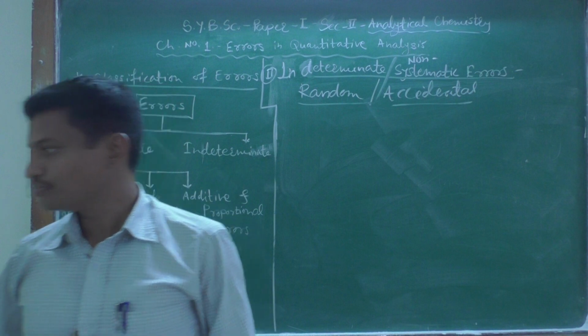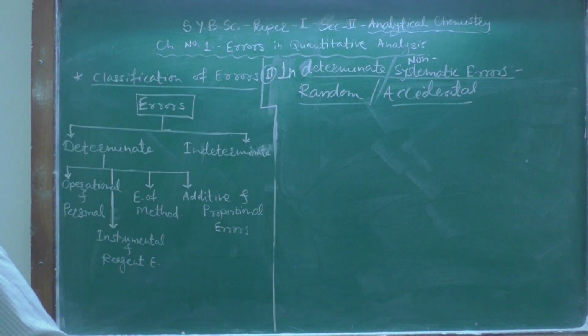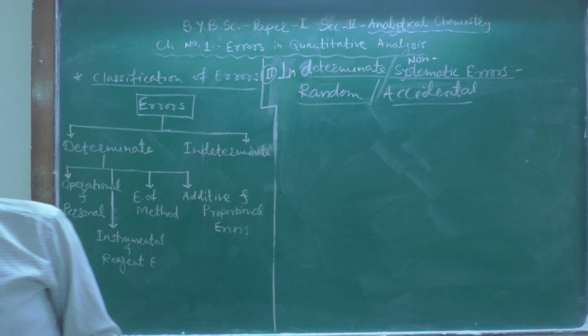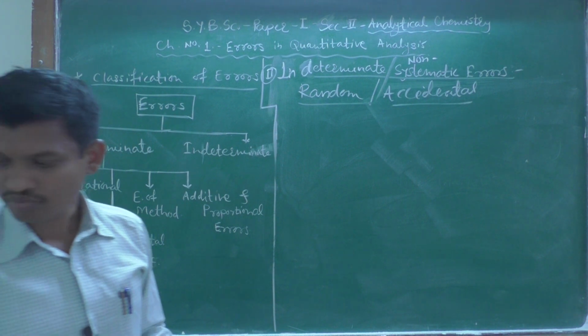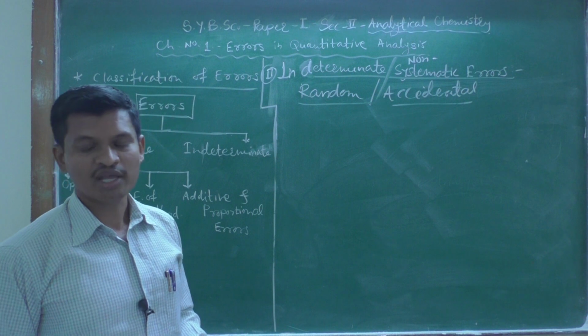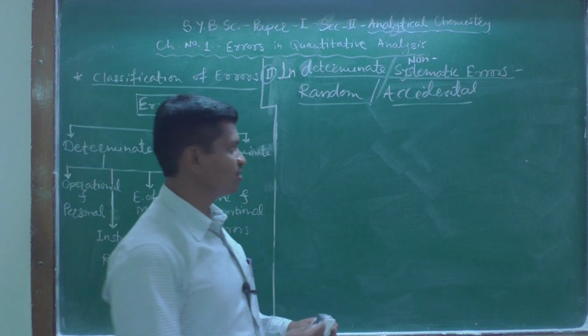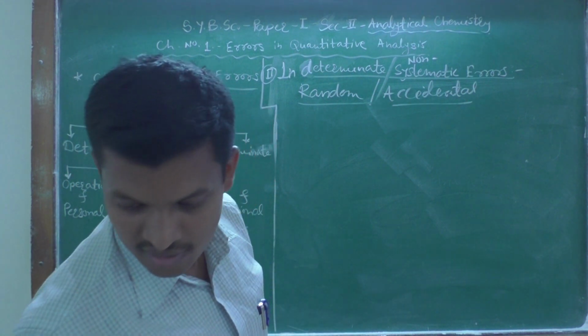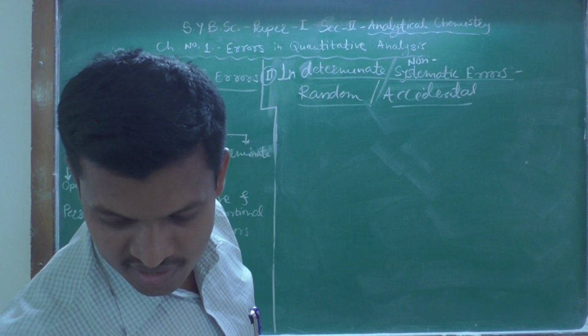Okay, so these are the errors caused by unknown or uncontrollable factors. What is the cause of these errors?